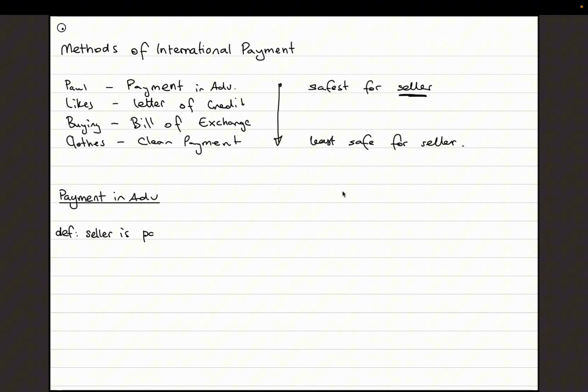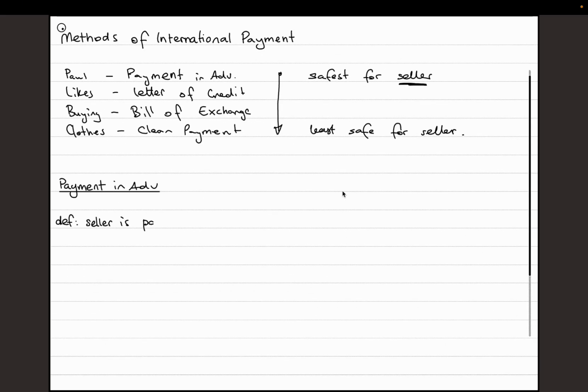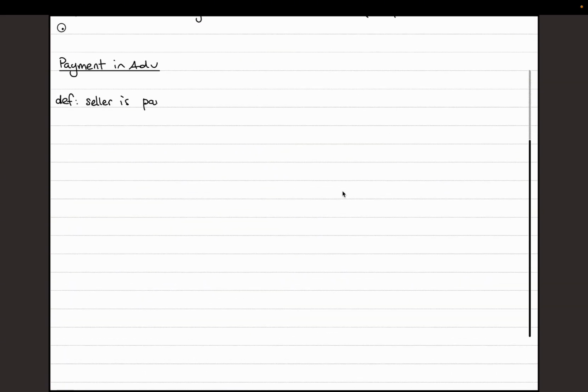Okay, so the definition for payment in advance is seller is paid, then the goods are sent. Goods are shipped. I'll use the word exported just to be a little bit more technical.